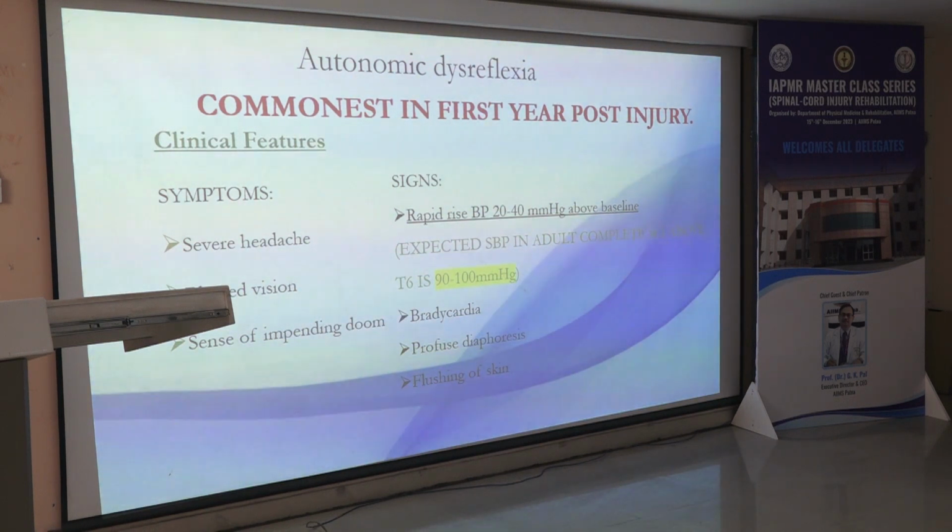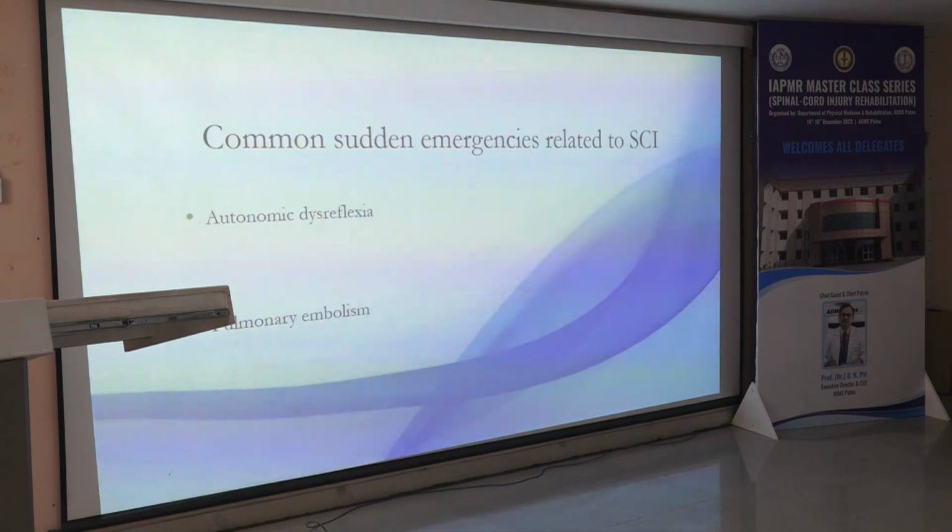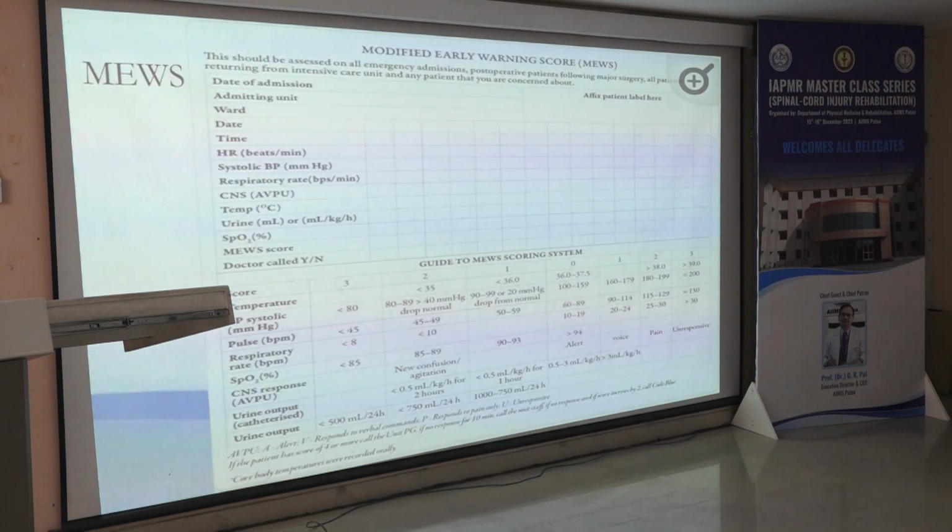And here again, if you think about the MUSE score, you can check the common pattern. When the blood pressure is going up, sudden hypertension is most often due to AD, unless there is some other acute cardiac event going on.